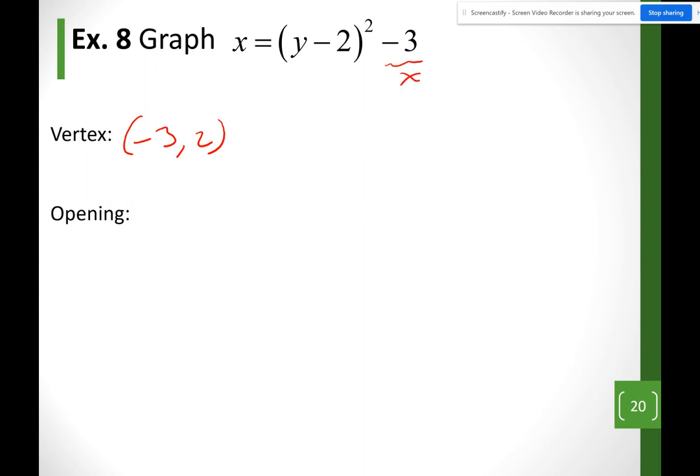Do you see -3? And this is my y value, opposite sign. So my vertex is -3, 2. My number in front of the parentheses at the very beginning technically is a +1. It is positive, so it opens to the right.